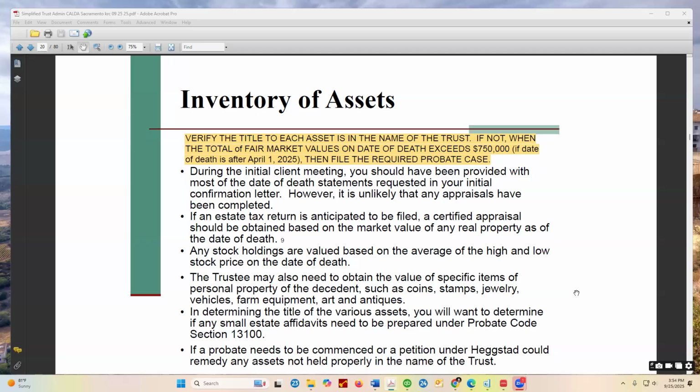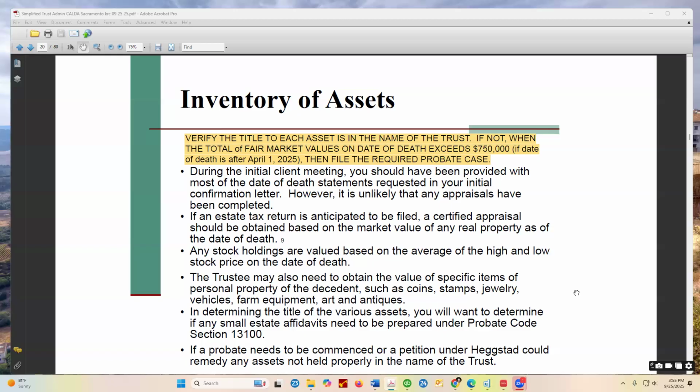Another form to be aware of is under probate code section 13100. What that does is it tells a third party, let's say there's a bank and there's let's say $500,000 in a bank account in the decedent's name. Well, you can't use a 13100 if it's that big.